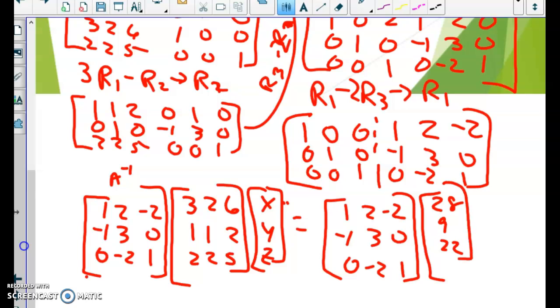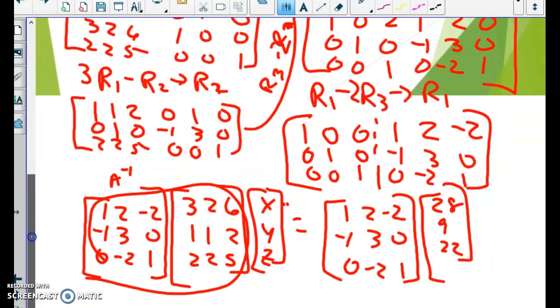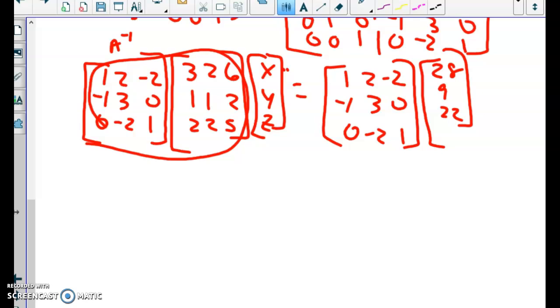Well, we know that this is going to end up being the identity matrix, because anything times its inverse is going to give us the identity matrix.